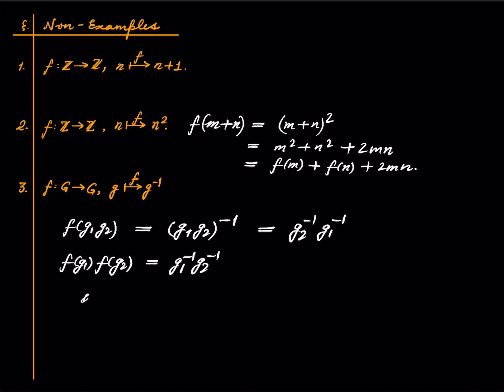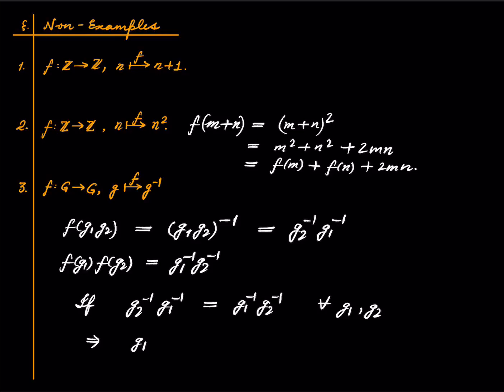So if G2 inverse G1 inverse equals G1 inverse G2 inverse for all G1, G2, then it implies G1 G2 is G2 G1. But how do I do it quickly?